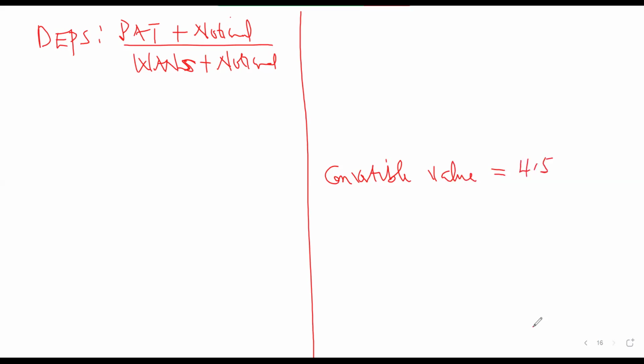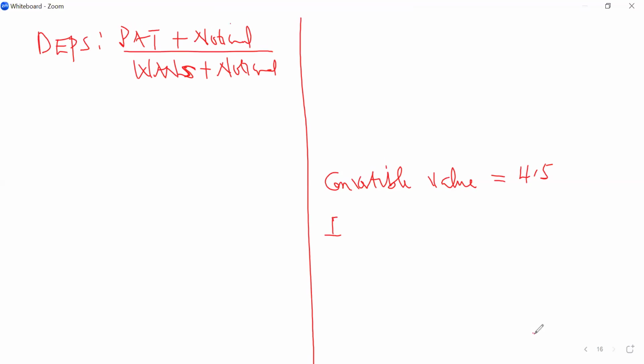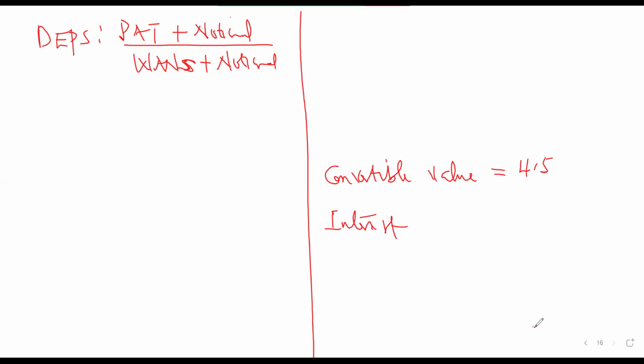This 4.5 million: what was the interest that was paid on it? We are paying interest at 8%. So the interest will be 0.08 multiplied by 4,500, which is 360. This interest is allowed to be subtracted from profit before we charge tax, isn't it?